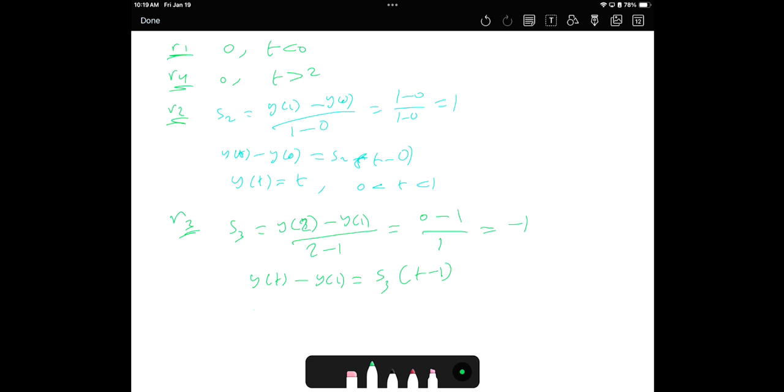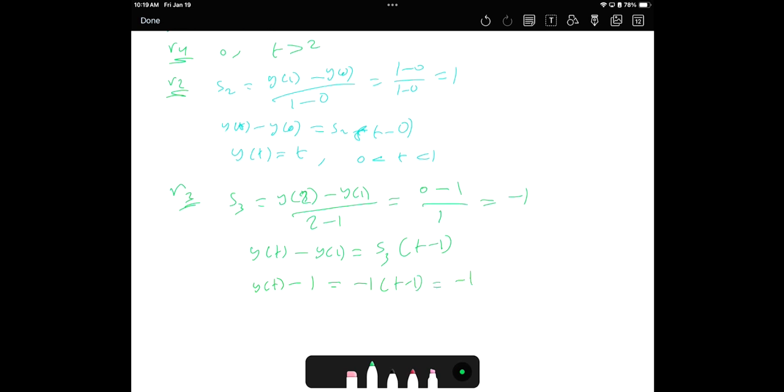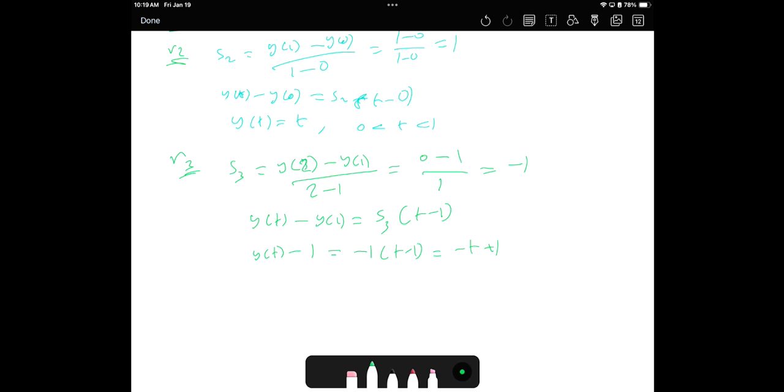So let's substitute them. Y of t minus 1 equals the slope negative 1 times t minus 1. So this will be negative t plus 1, then move 1 to the other side. So y of t will be negative t plus 2, or in other words, 2 minus t, and this is only between 1 and 2. It's just like mathematics, this is calculus. So that's how to find the equations.